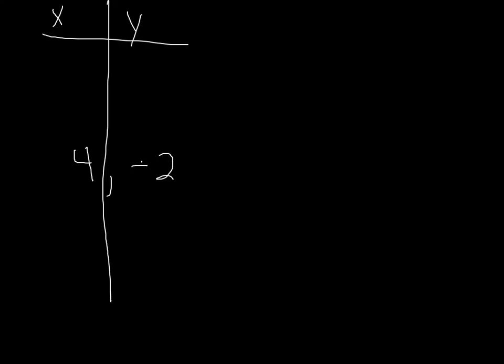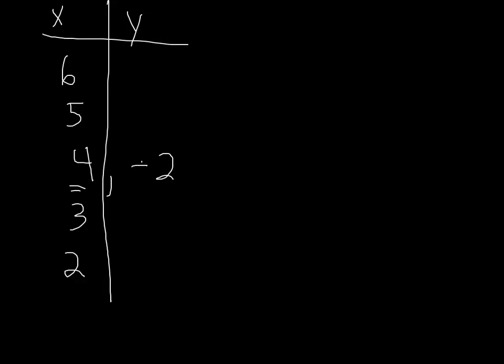And I'm going to go symmetrically along either side. Since this 4 is the middle point, I'm going to increase by 1 to say x equal to 5 and x equal to 6. And then I'm going to decrease in the opposite direction to find x equals 3 and x equals 2. So I'm going to find 5 different points that will be on this graph.